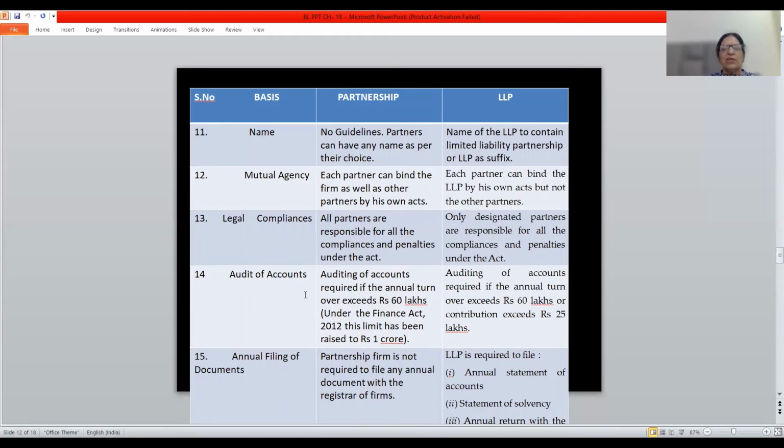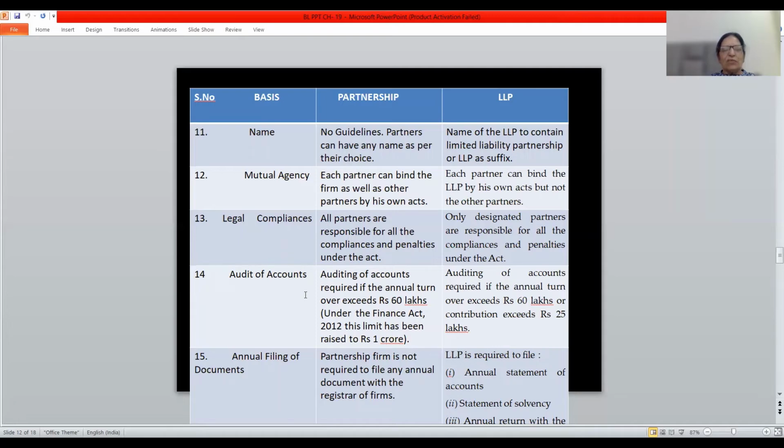Audit of accounts. Audit of accounts is required if the annual turnover exceeds 60 lakhs. Under the Finance Act 2012, the limit has been raised to rupees 1 crore. But auditing of accounts is required in LLP if the annual turnover exceeds rupees 60 lakhs or contribution exceeds rupees 25 lakhs.